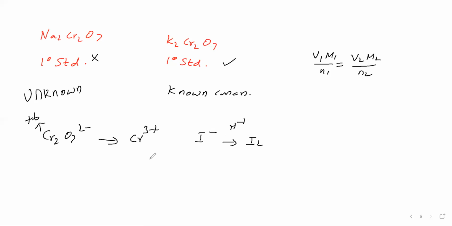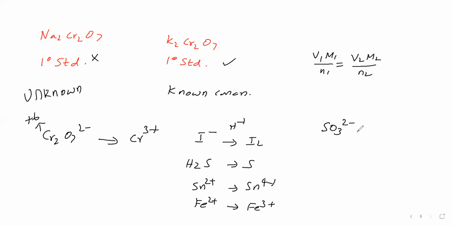Then hydrogen sulfide is converting into sulfur. Stannous is converting into stannic. Ferrous is converting into ferric. Then sulfite is converting into sulfate. Then oxalic acid is converting into carbon dioxide.